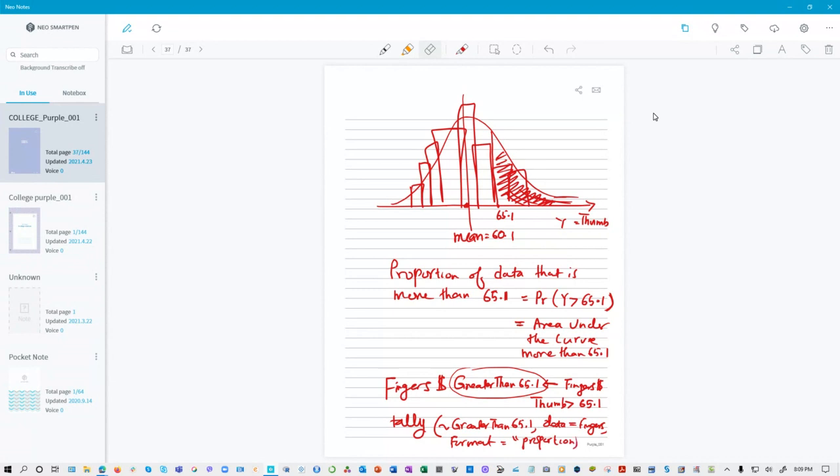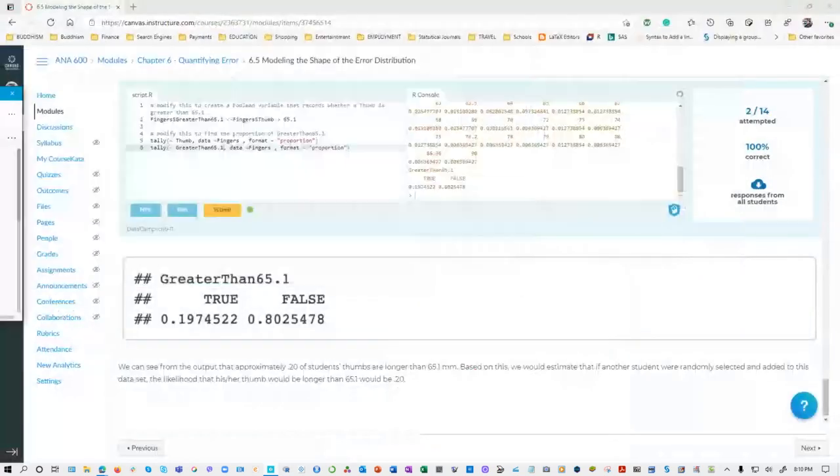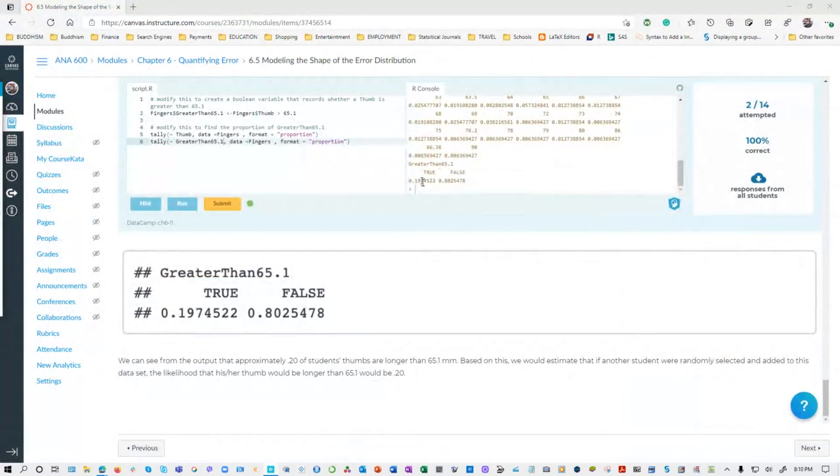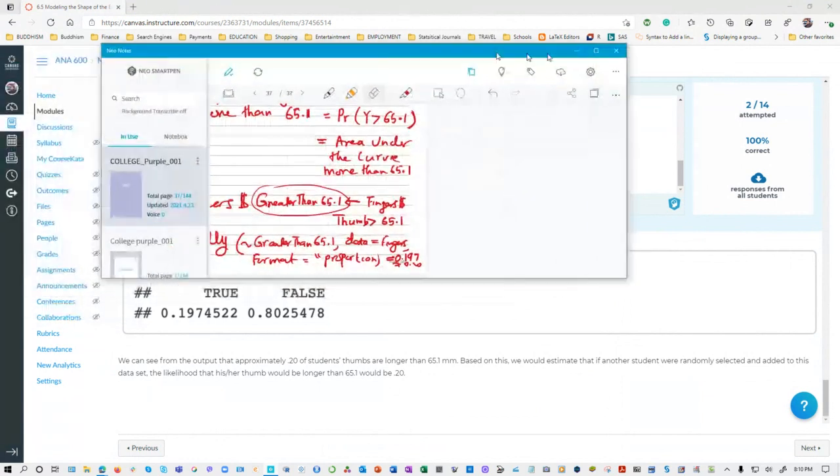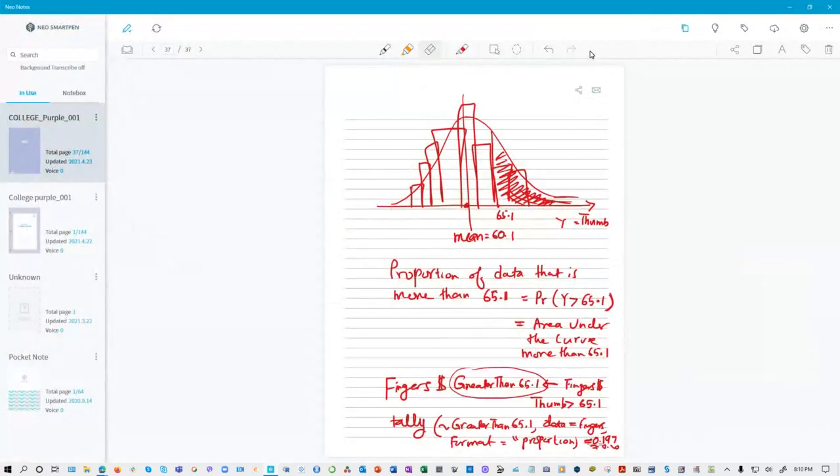The proportion that gave you the answer for true values is 0.197, which is 0.20. That means this area is 0.20. Over 20%, or there's a 20% chance that the next observation is going to be more than 65.1.